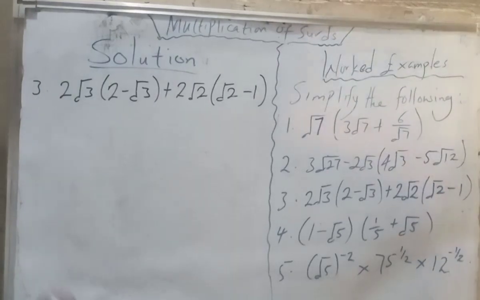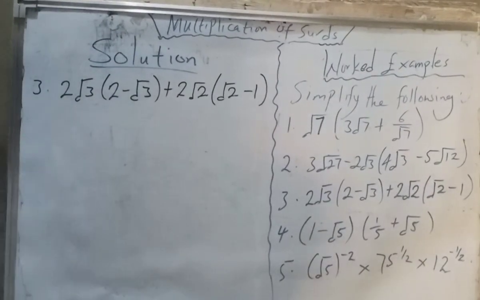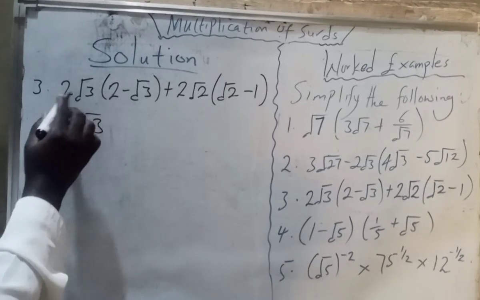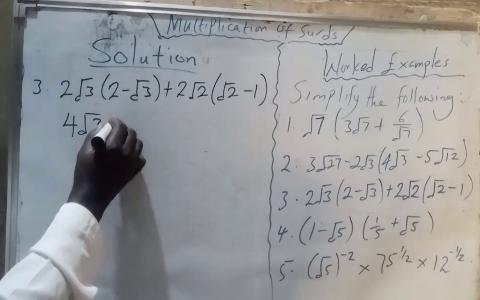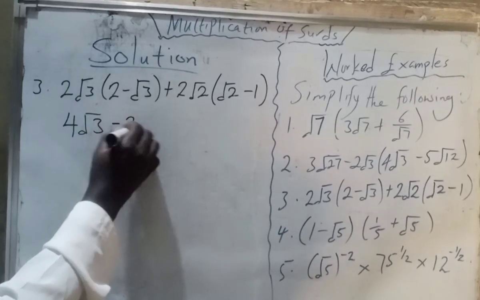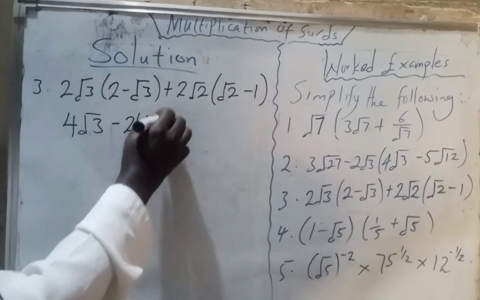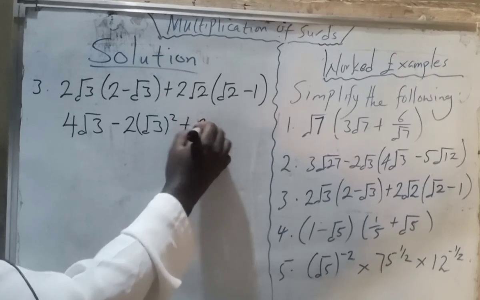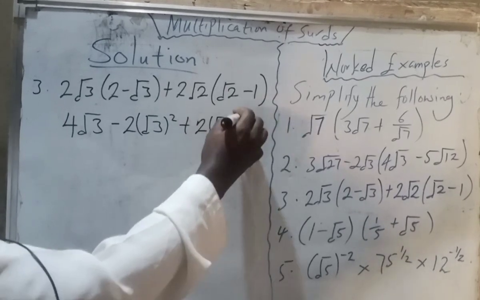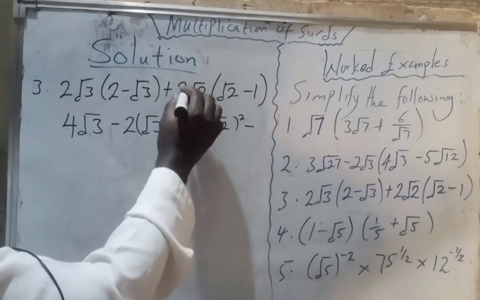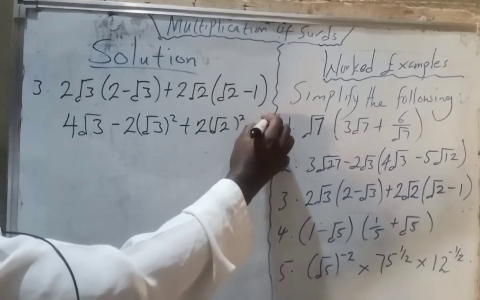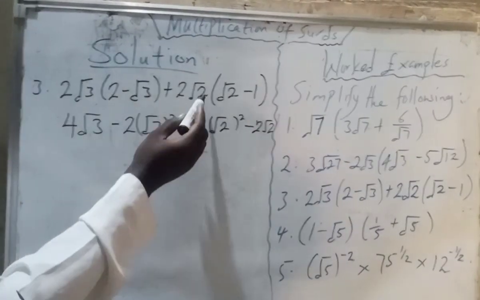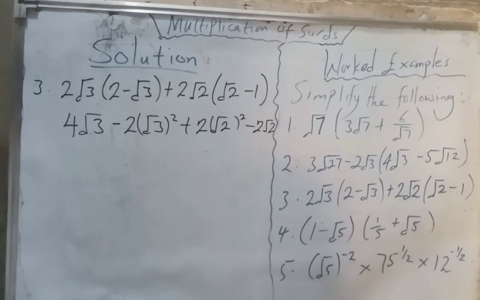So when we do that, we're going to get 4 root 3, then 2 root 3 times root 3 will give us minus 2 root 3 squared, plus 2 root 2 squared, minus 2 root 2, because any number multiplied by 1 is that number. So 2 root 2 times 1 will give us 2 root 2 again.